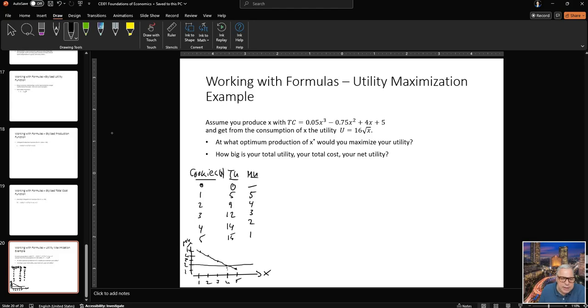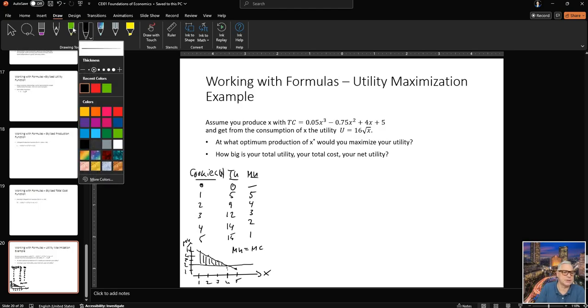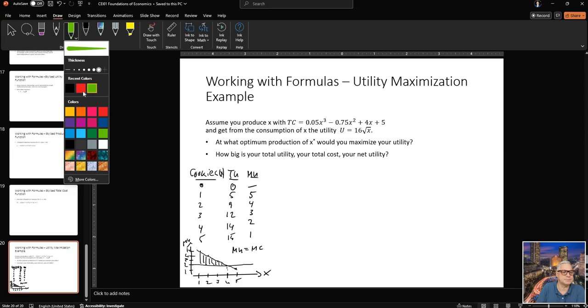And then we said the optimum consumption is where marginal utility equals marginal cost, because at this point we get all that extra surplus, and at the point where the marginal utility equals marginal cost, that is where you have the profit maximizing quantity.